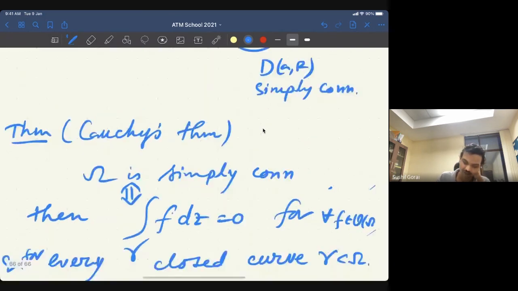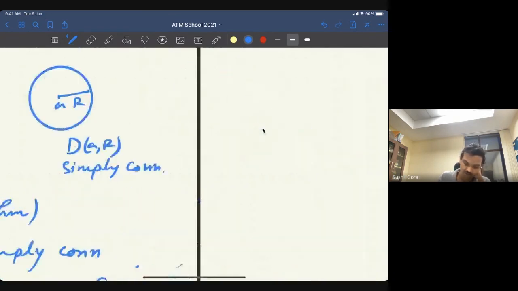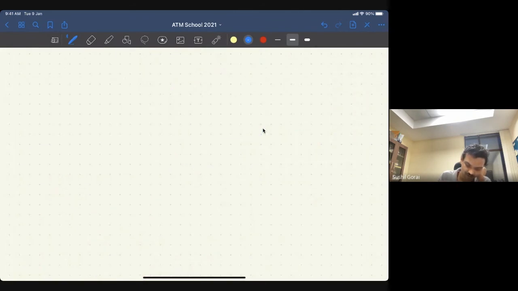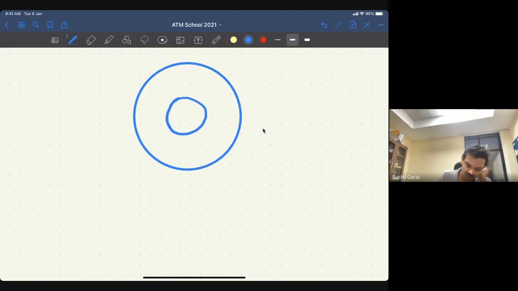And you look at this annular region. Here, this is not simply connected, as this curve is not homotopic to a constant. So this is a doubly connected or multiply connected domain.